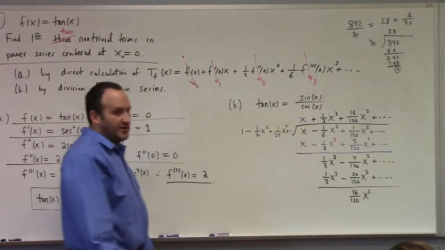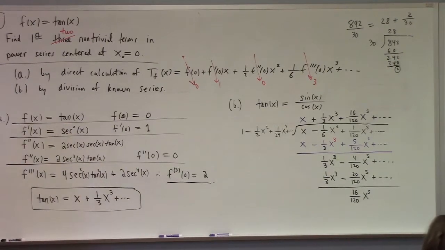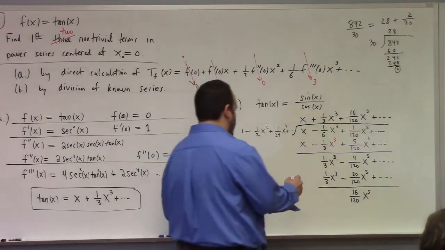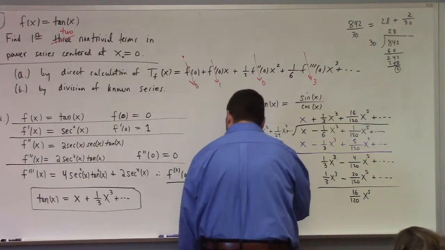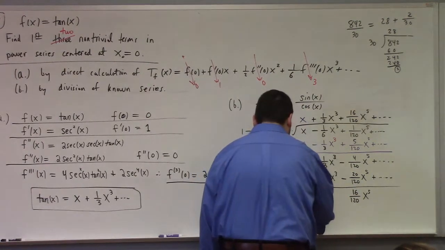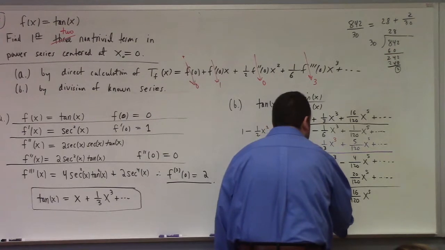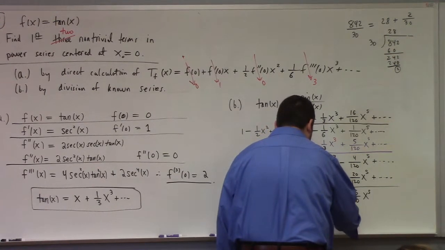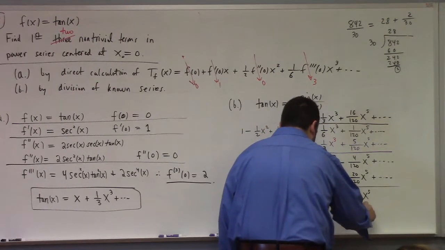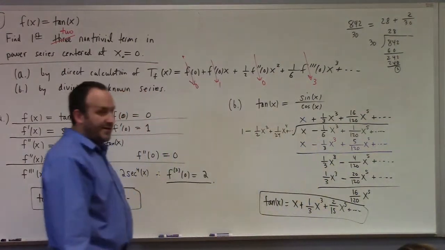But what is 16 over 120? 2/15, right? So we have found that, in fact, tangent of x is x plus 1/3 x cubed plus 2/15 x to the 5th plus ... unless I made an arithmetic mistake, which would be altogether unsurprising.